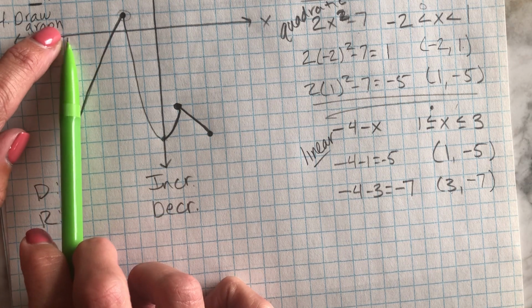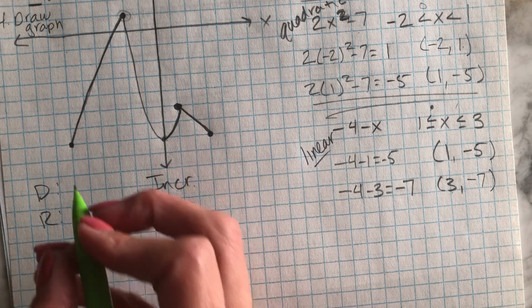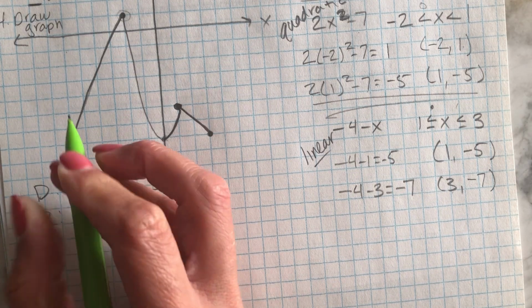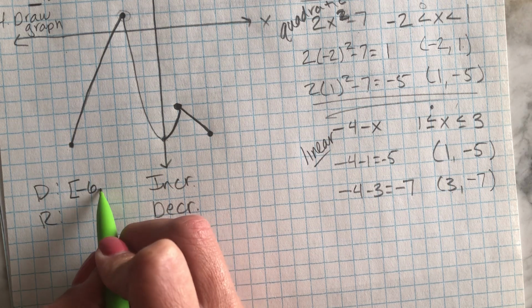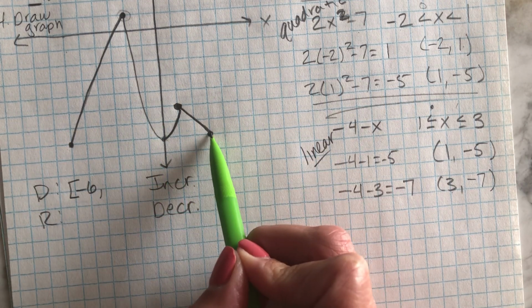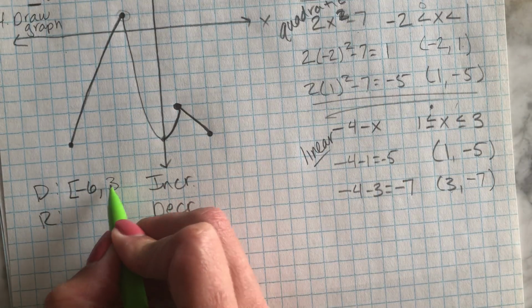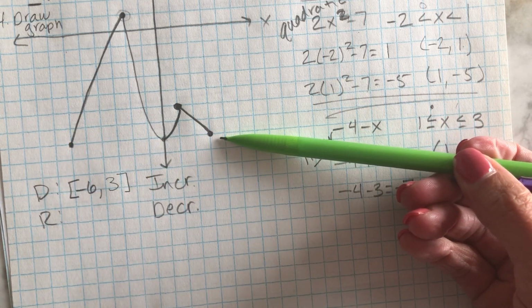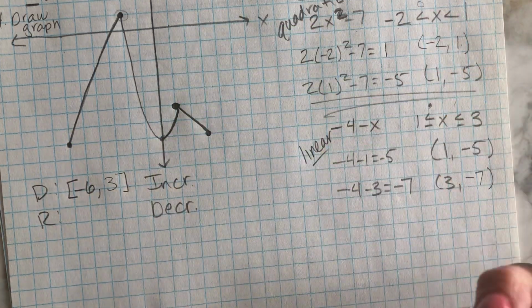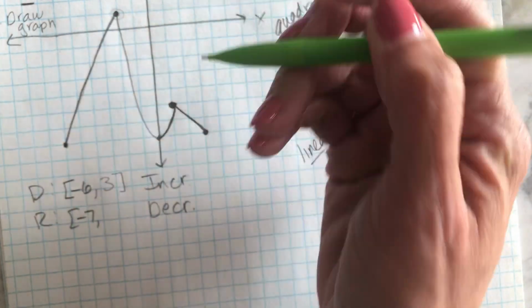That x value is at 1, 2, 3, 4, 5, 6, -6. And it's a solid dot, so it gets the bracket. All the way over to here, 3. Range, bottom to top. Here's the bottom of the graph at -7. And here's the top at 1.